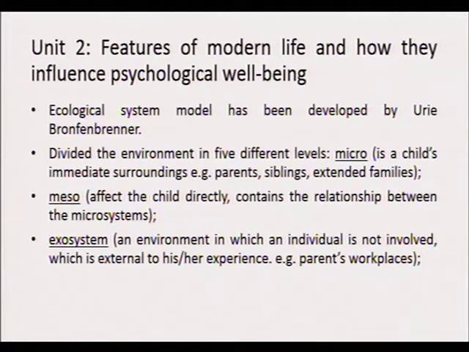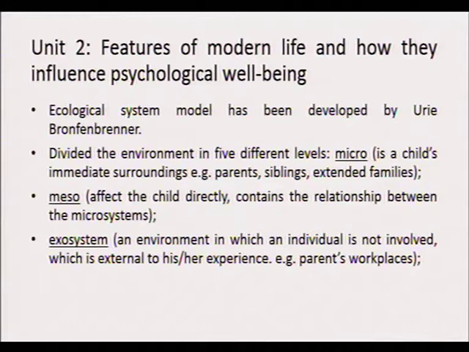Unit 2, features of modern life and how they influence psychological well-being. The ecological system model has been developed by Urie Bronfenbrenner. He divided the environment into 5 different levels, as I said earlier. The microsystem is the child with the immediate surroundings, for example, parents, siblings, extended families.